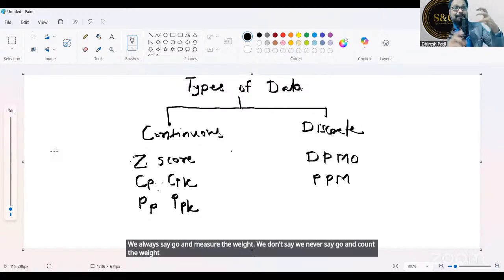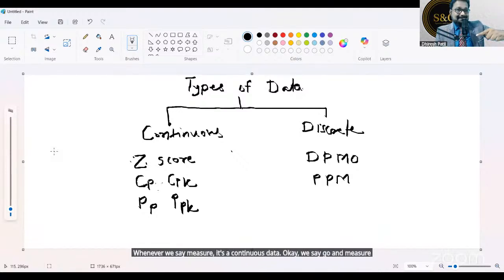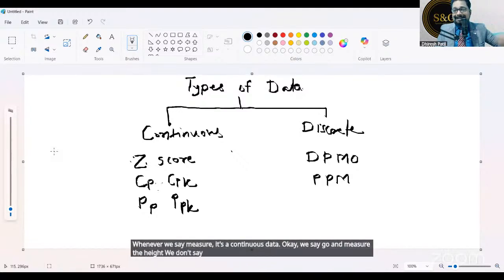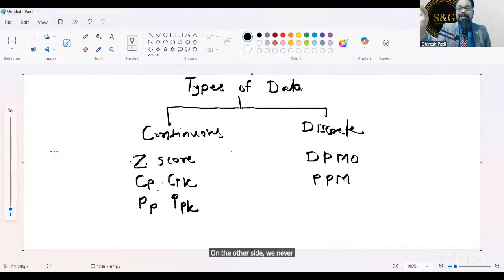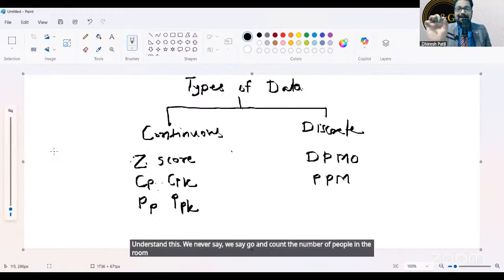Whenever we say measure, it's continuous data. We say go and measure the height. We don't say go there and count the height. On the other side, we never say go and measure the number of people in the room. We say go and count the number of people in the room. So whenever we say count, it is discrete data. Are you understanding this? Just give me yes in the chat box.